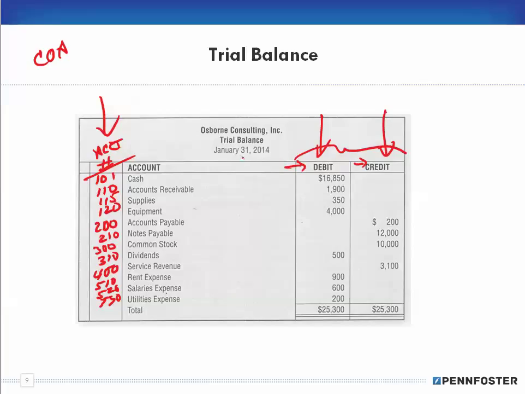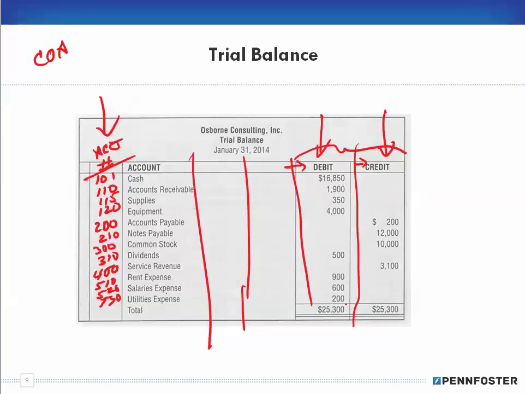Let's just say that you only had a 4-column ledger sheet. Here's column 1, 2, 3, and 4. You can use the 4-column paper. You're just not going to use columns 3 and 4. Even though they'd be there, you just don't use them, and you would only label debit and credit.